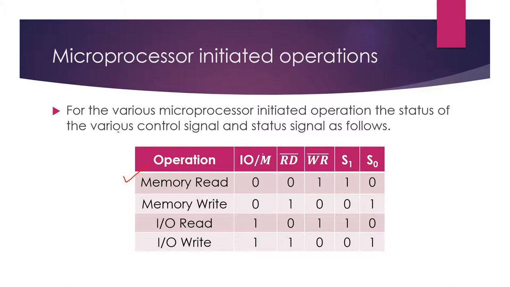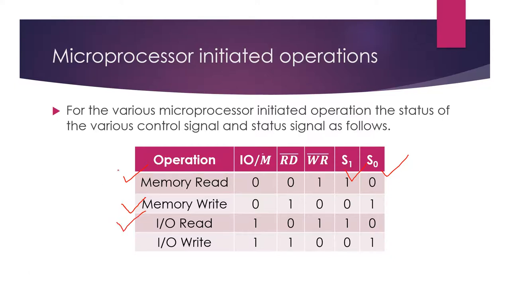It is performing a read operation, so read bar goes low, write bar goes high, S1 goes high, and S0 goes low. Likewise for memory write, IO/M bar goes low, read bar goes high, write bar goes low, S1 goes low, and S0 goes 1.